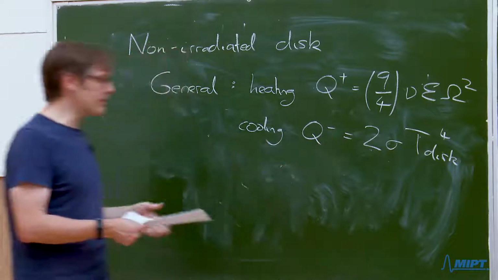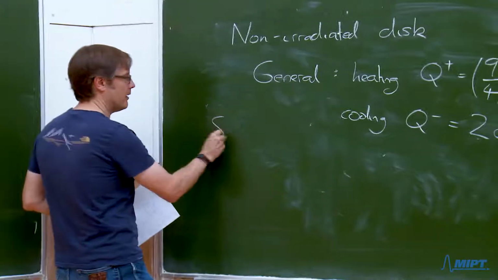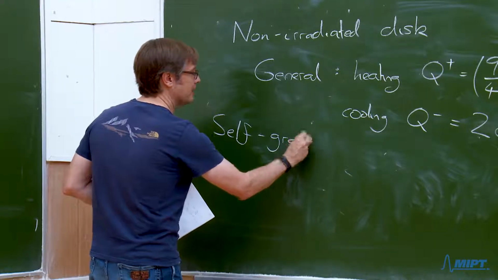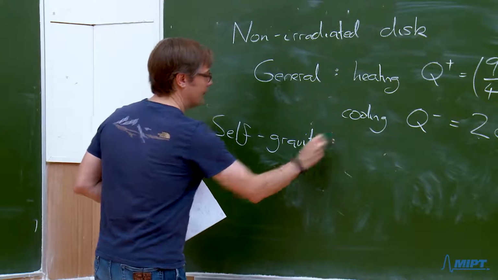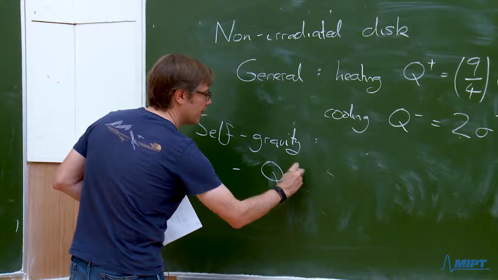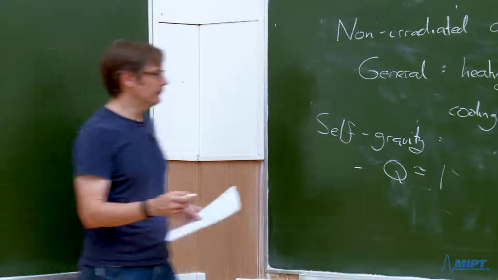So we can play this game for a self-gravitating disk, and just to sketch out the argument, if we have self-gravity, that tells us a variety of things. It tells us that the Toomre Q is of order 1.